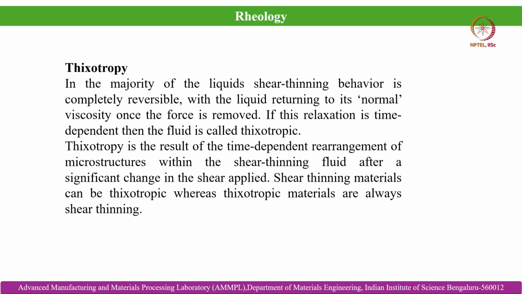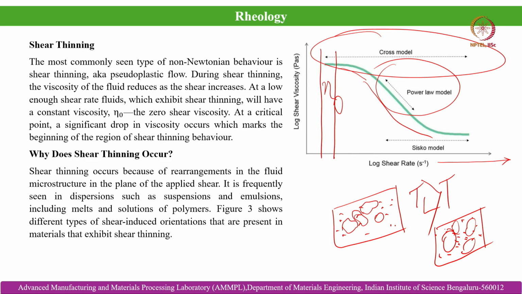For example, like I have expressed in the previous slide, assume that this network is getting built, and if you keep it at rest, it shows like a solidifying mush, a highly viscous matter with very high viscosity, and the moment it is subjected to a significant shear rate, it becomes flowable and behaves like a liquid.